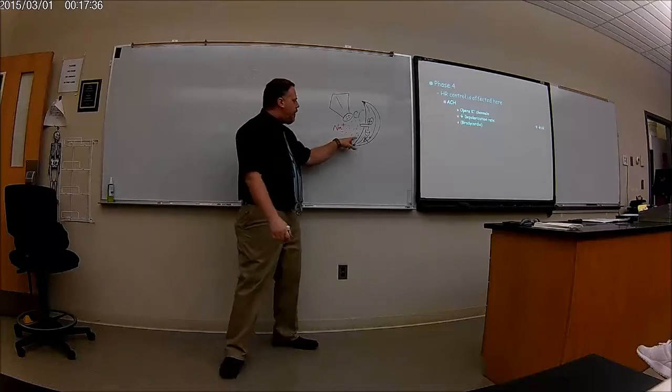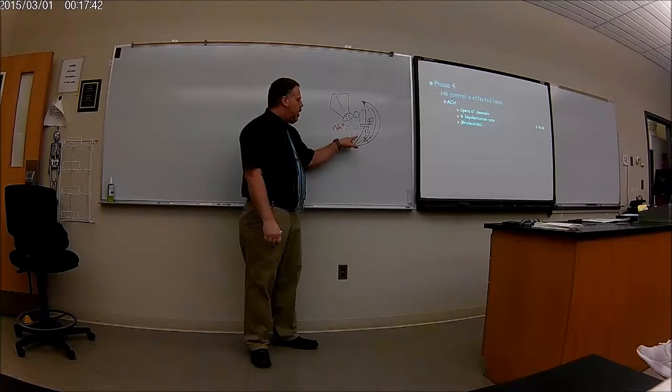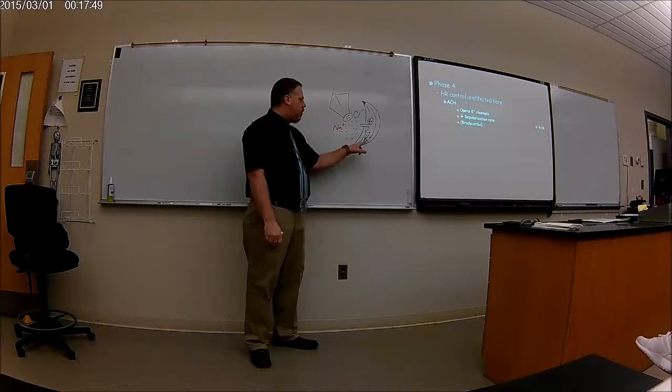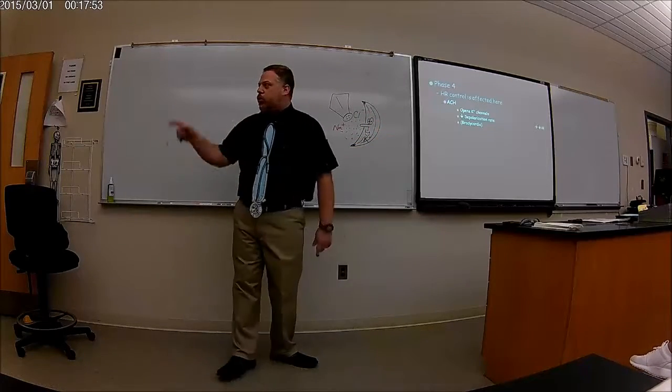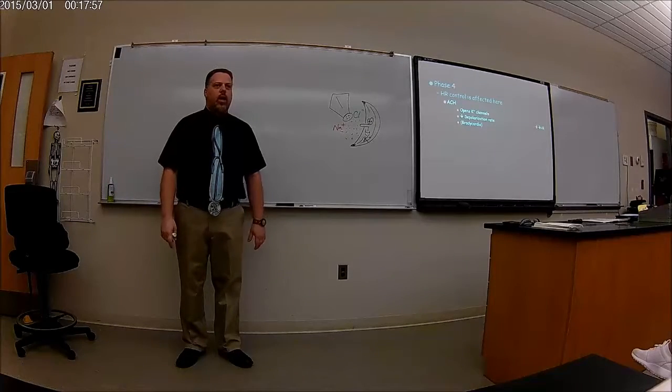So if potassium channels on the membrane open, which way does potassium want to go? Out of the cell or into the cell? Out, because you have more. If you have, let's say, 50 students inside the cell and 2 students outside the cell, when those doors open, which way do those students want to go?